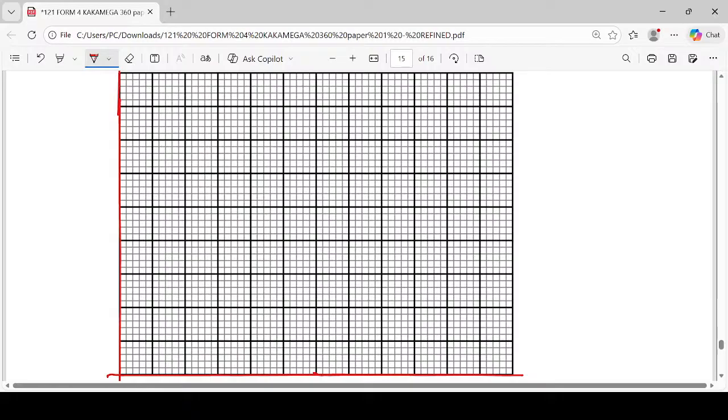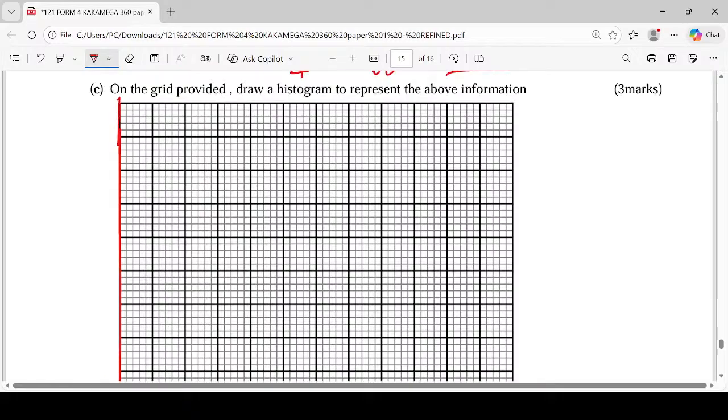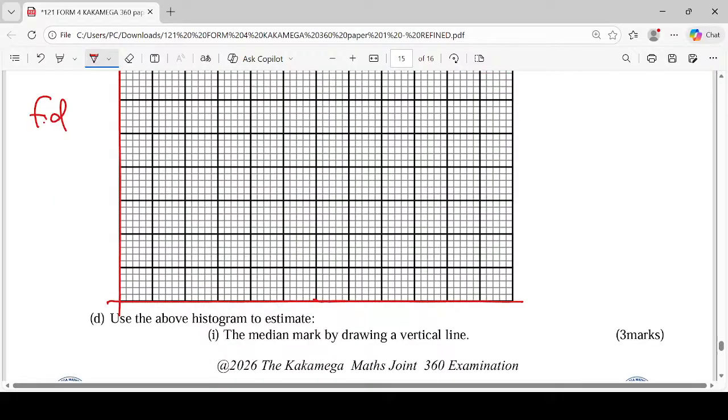So on the y-axis, we are going to plot the frequency density. On the x-axis, we are going to place the class boundaries.